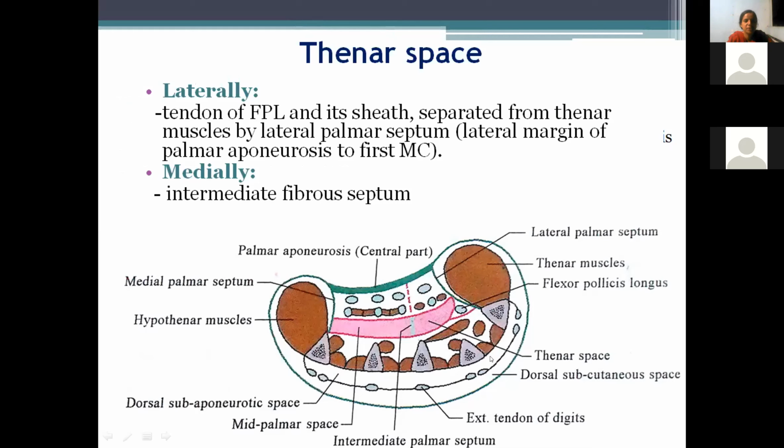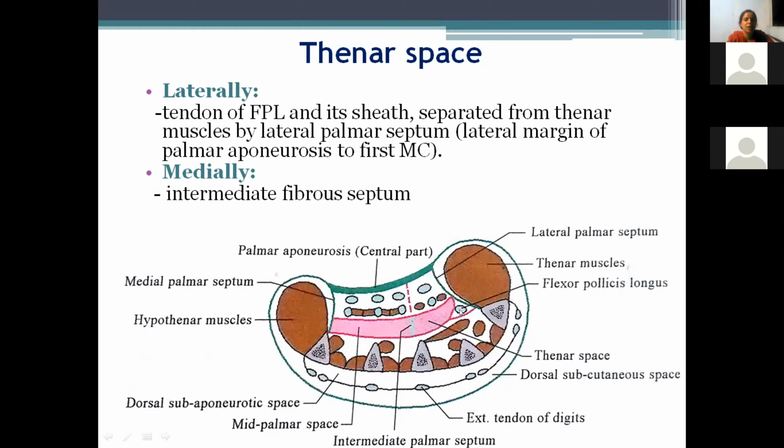Now see here, this is close to the midline, this is away from the midline. So this is the lateral margin of this space. Laterally you are finding the tendon of flexor pollicis longus. This is our space, right? This is the lateral boundary, this is the medial boundary.